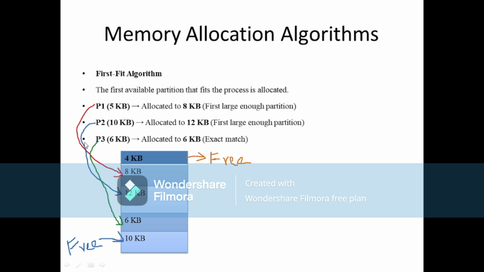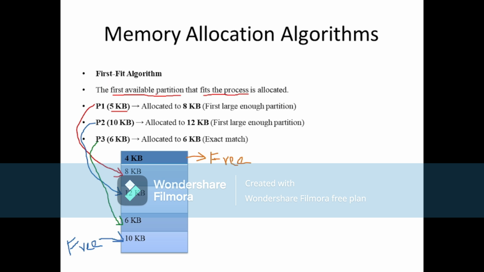Let us see what happens in the first fit algorithm. The first fit algorithm checks the size of the process P1. It is 5 KB. For this process P1, it will check for the first available partition that fits the process.